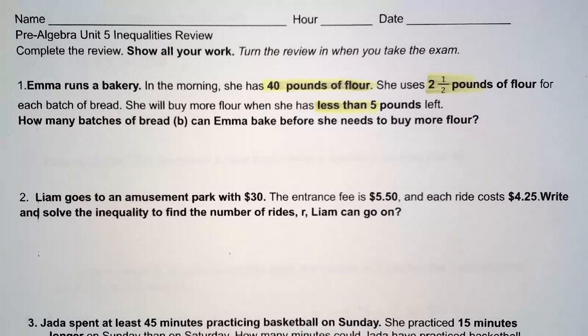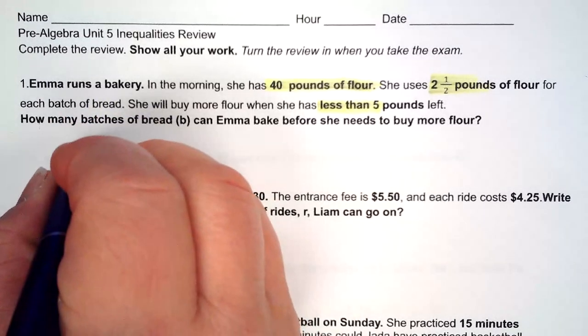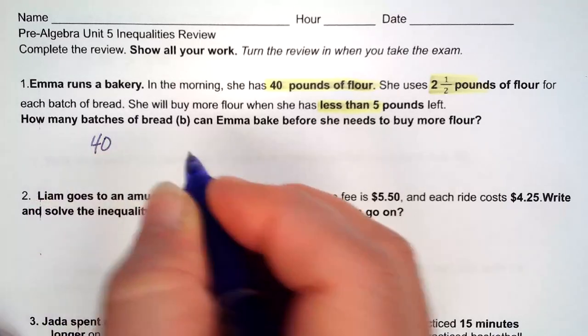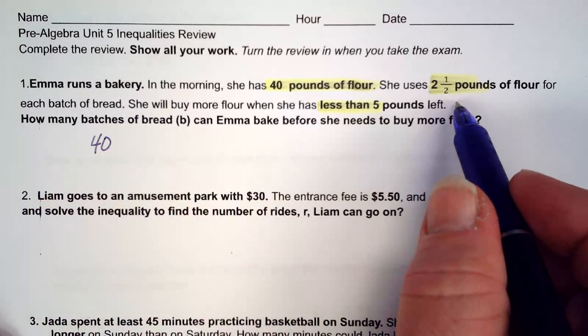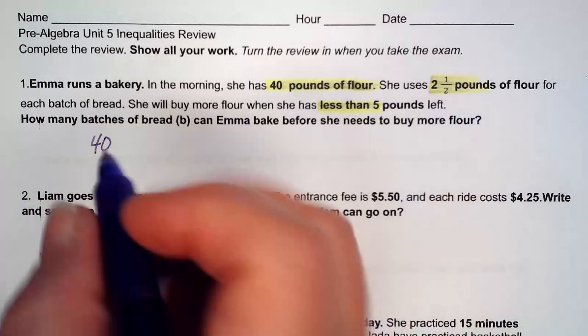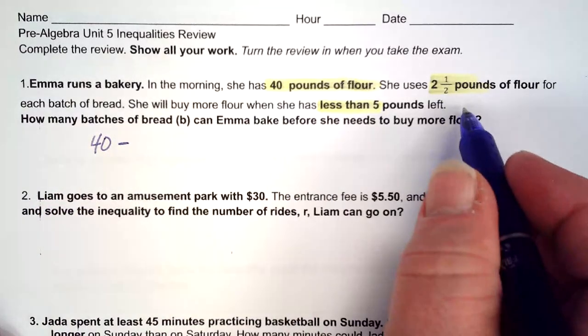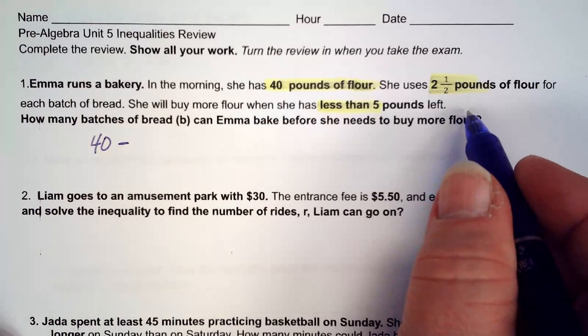Okay, so let's break it down. When she starts, how many pounds of flour does she have? She has 40 pounds of flour. Each time she bakes a batch of bread, she uses 2.5 pounds of flour.